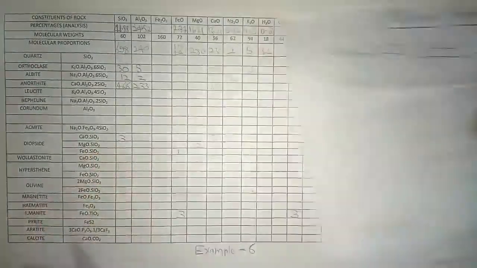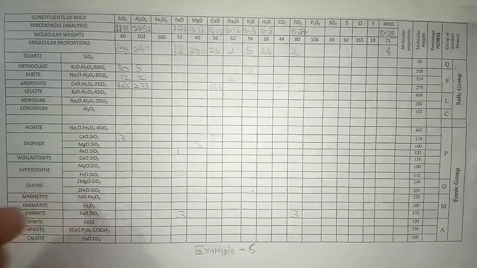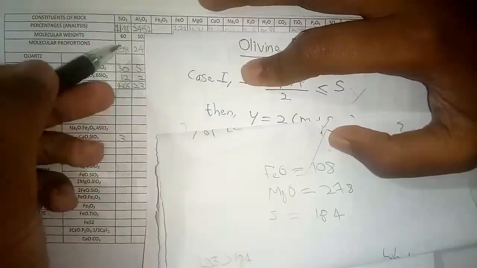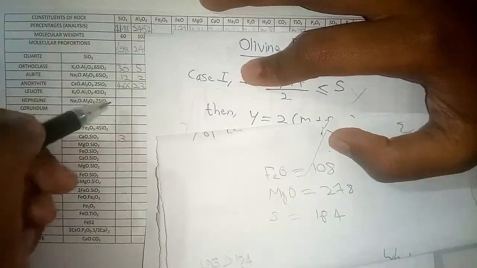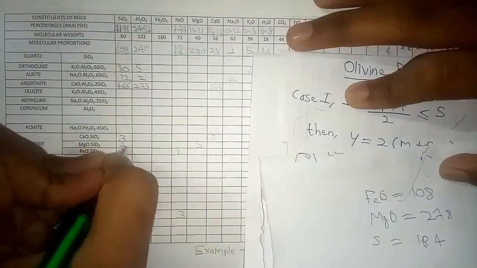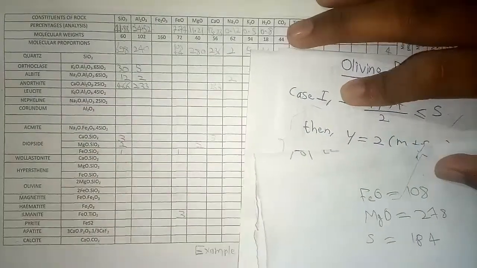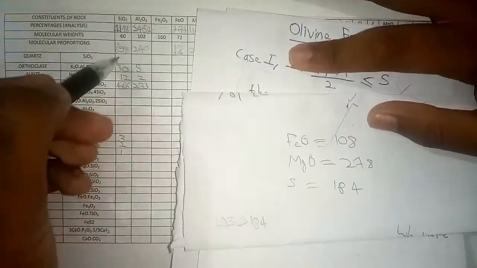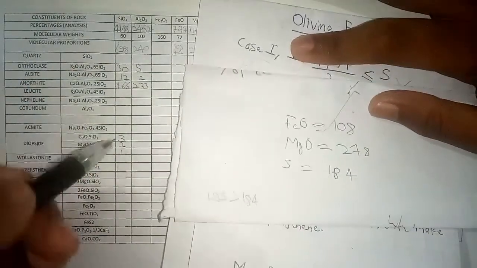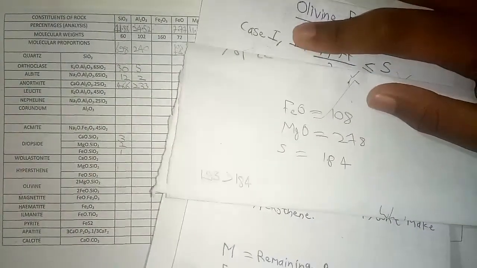See, I have rubbed this hyperstene, don't forget. After rubbing that, I had 698 minus 30, minus 12, minus 466, minus 3, minus 2 and minus 1. I forgot to write here, sorry. So 698 minus 30 minus 12 minus 466 minus 3 minus 2 minus 1 is equal to 184.